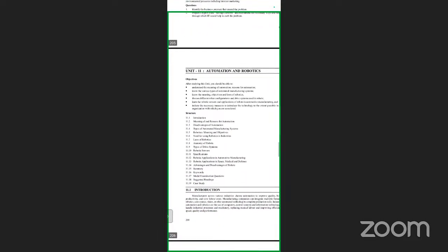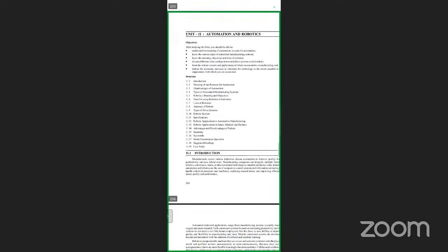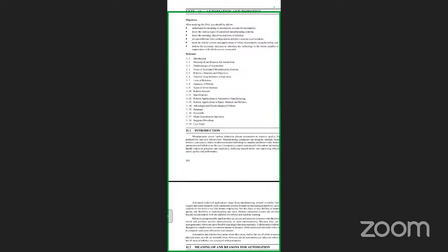We'll move to the next topic, that is automation and robotics. Here we talk about the evolution of robotics and automation: its meaning, reasons, advantages and disadvantages of automation, and the types of automated manufacturing systems.